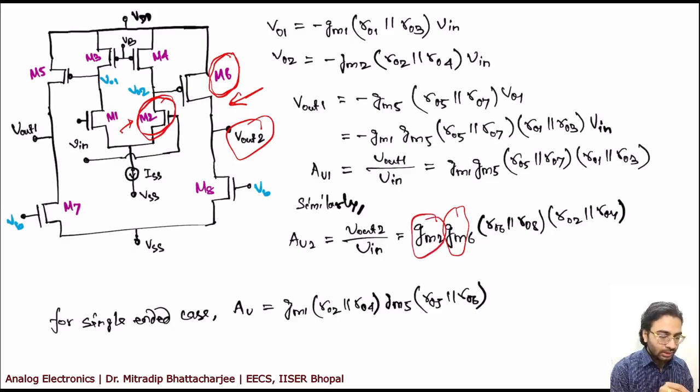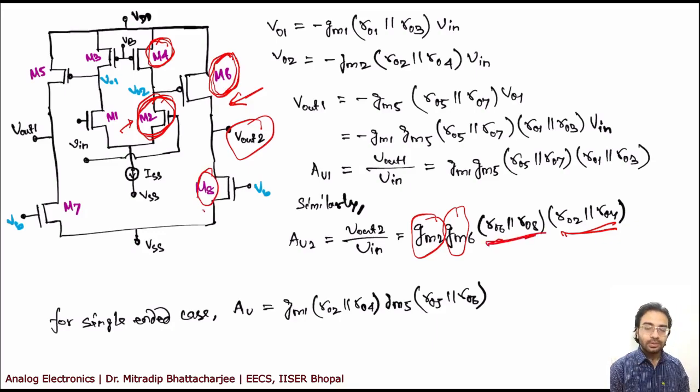Then the output resistances associated with M2 and M4 will come in parallel, so it will be RO2 parallel RO4, and then you have M6 and M8, so it will be RO6 parallel RO8. So this is your expression.